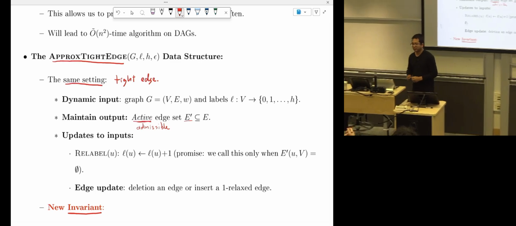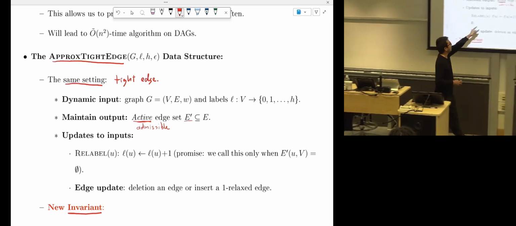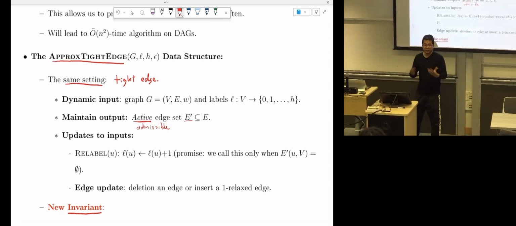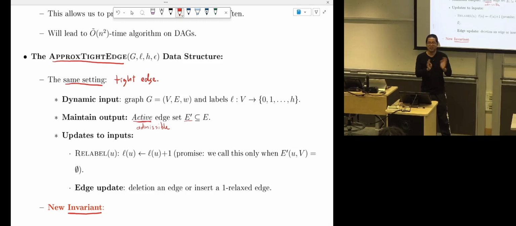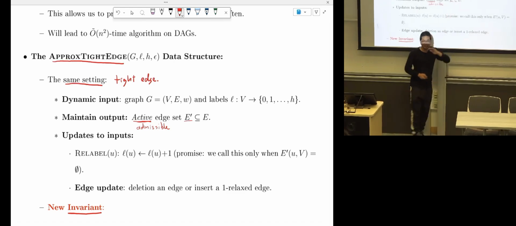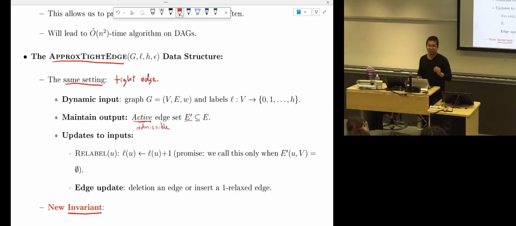Exactly. So we want the active set here to be exactly the stretched edges. And because everything is relaxed, if it's stretched, then it's tight. So it used to be that this set is precisely the set of tight edges.